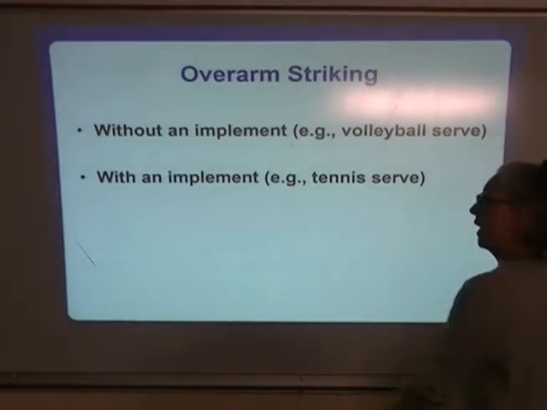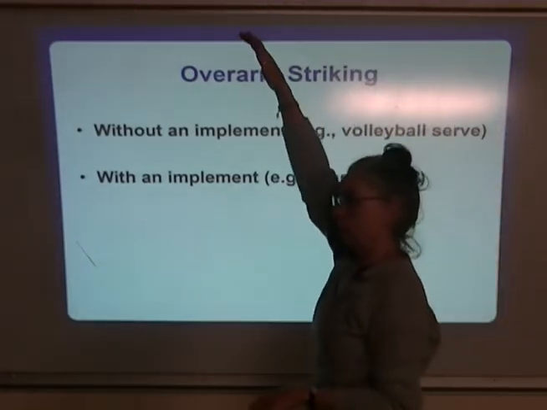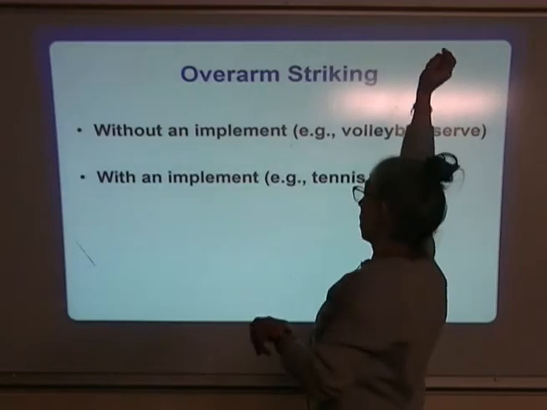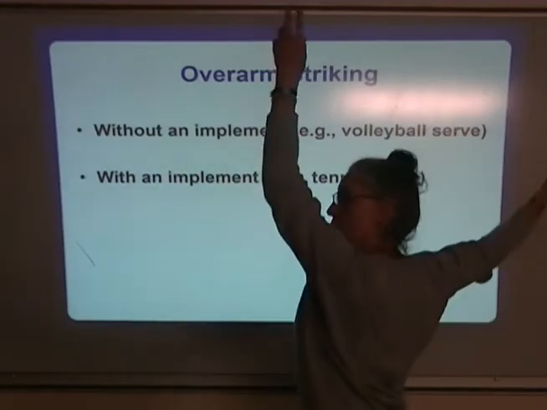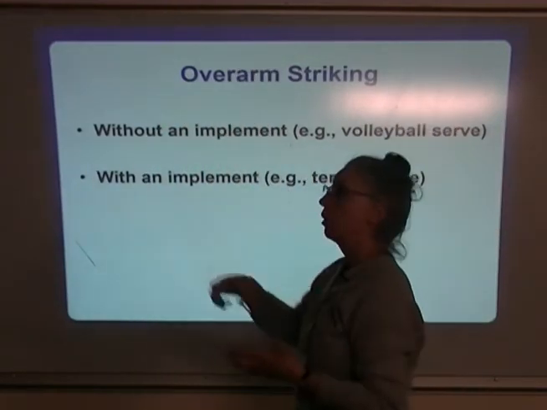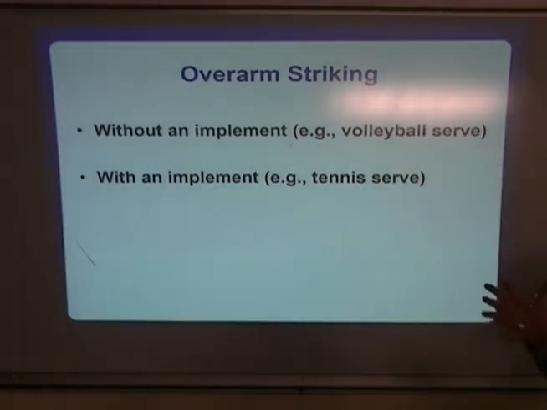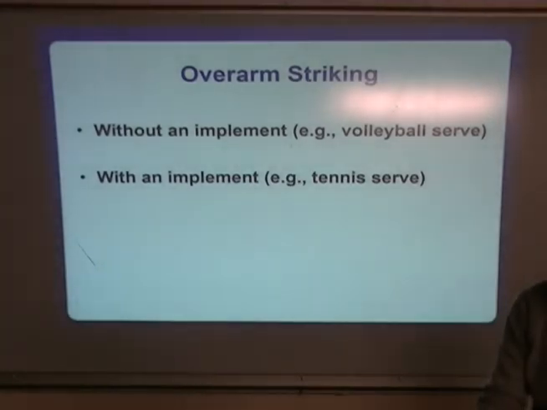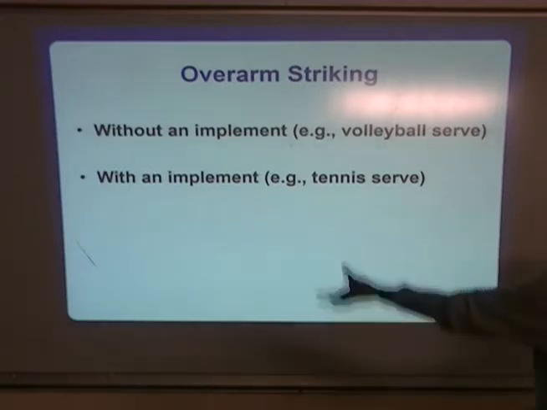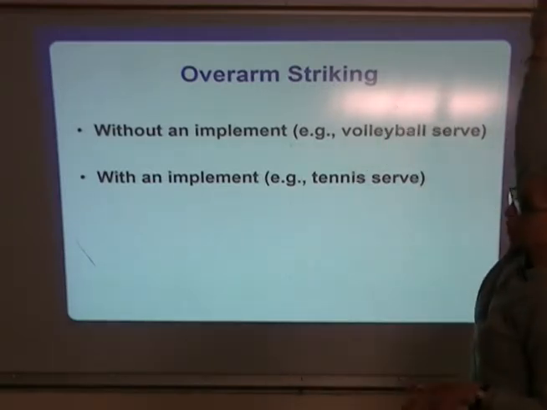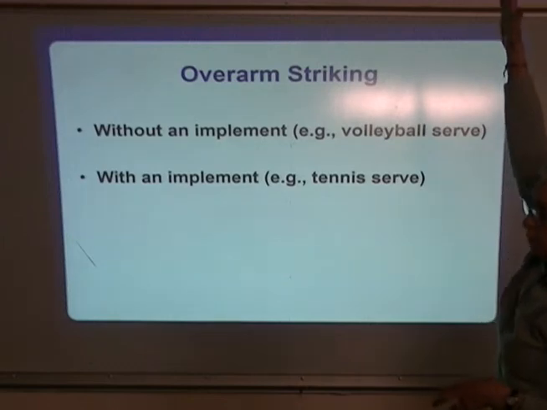So we're looking at this action, a volleyball serve or a tennis serve, very similar in action when they're done well. On an overarm strike, we really are looking for as big a reach as possible when we make contact with the ball.